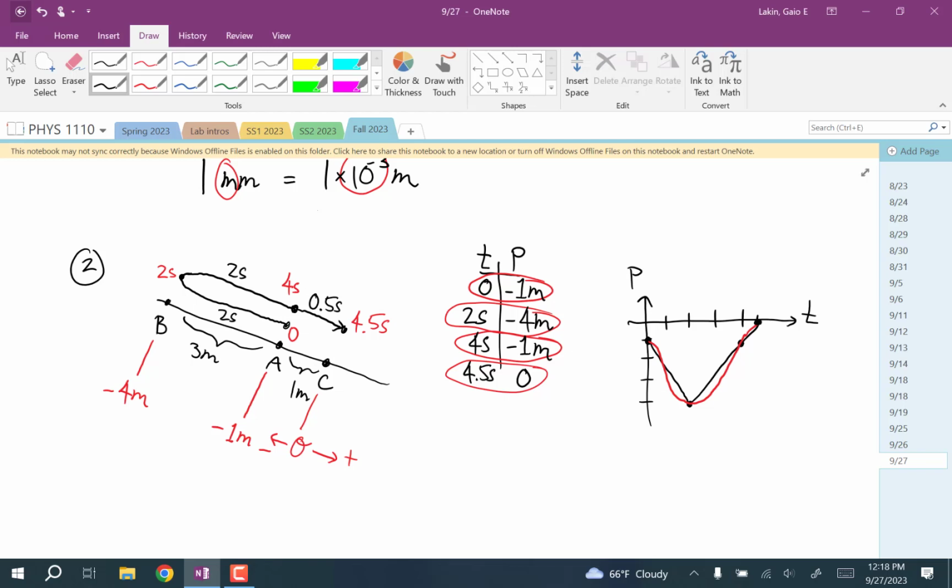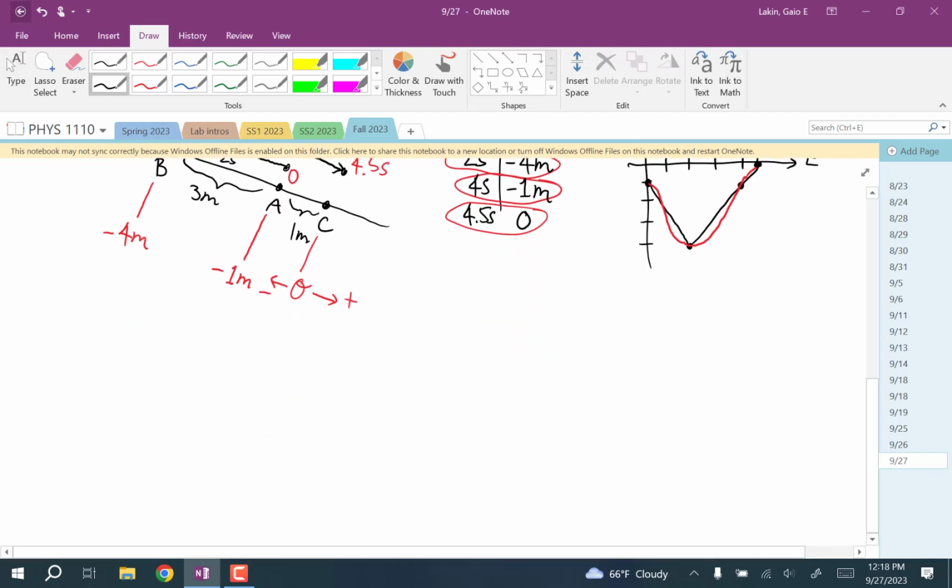Okay, and then the third question. An object is launched straight up into the air at 20 meters per second, and the starting height is 2 meters. So it goes straight up, reaches its highest point, and then starts coming back down.